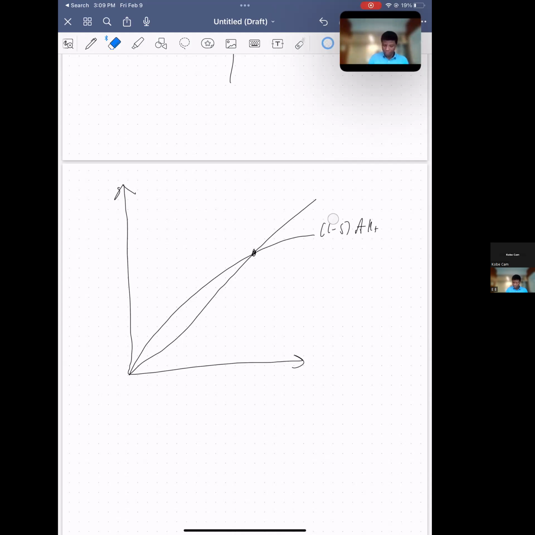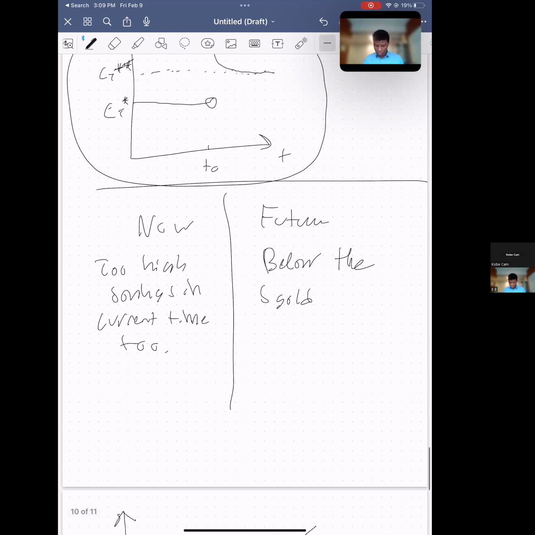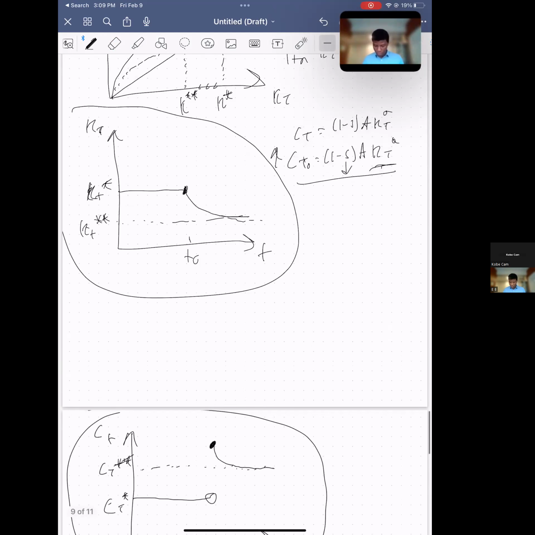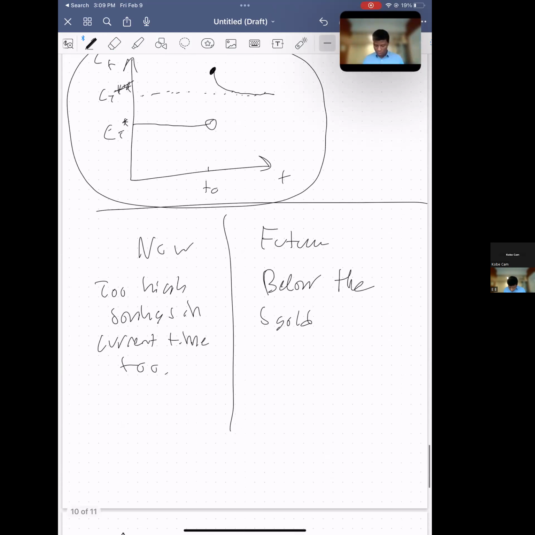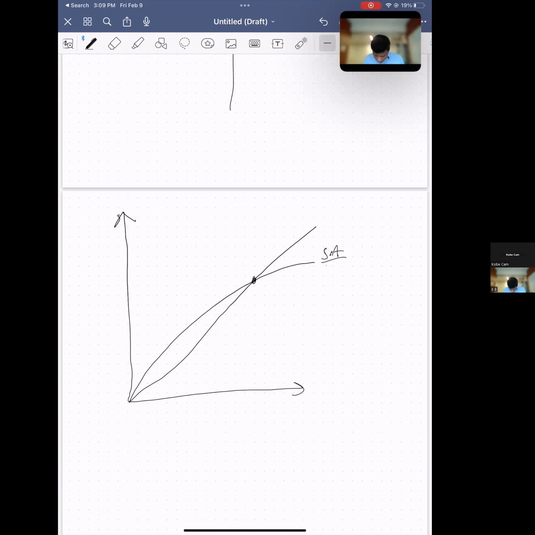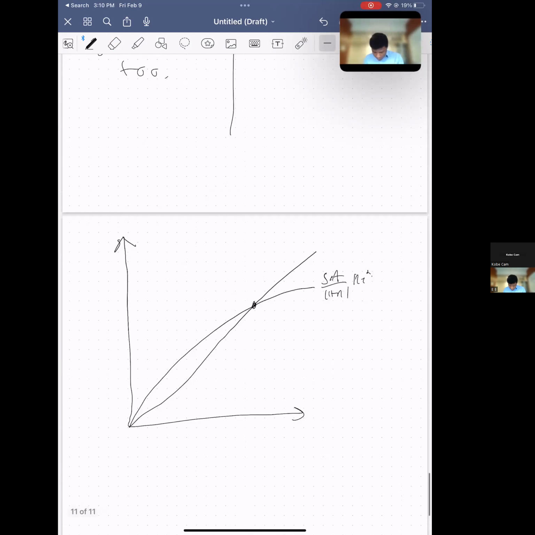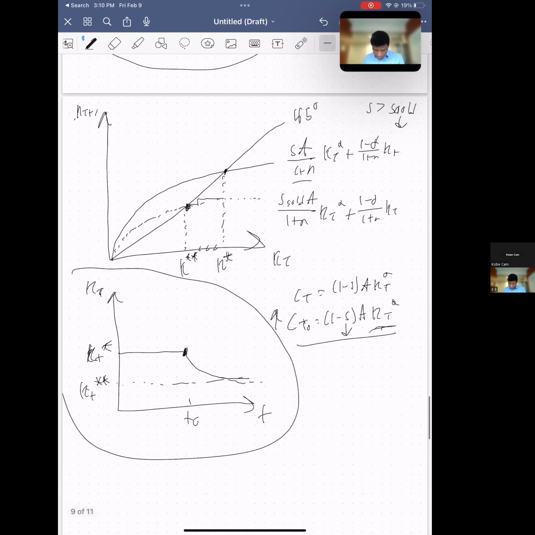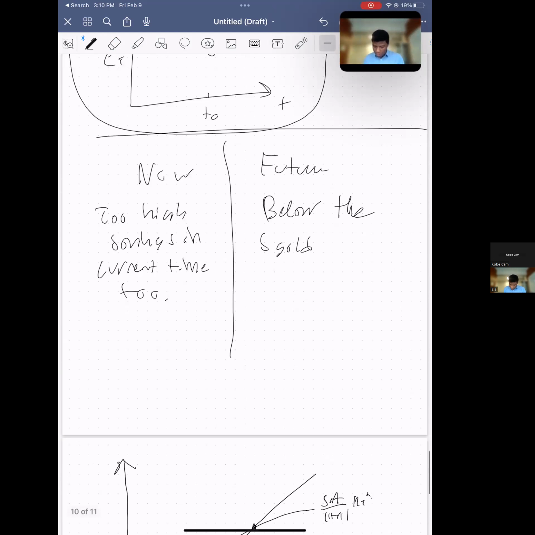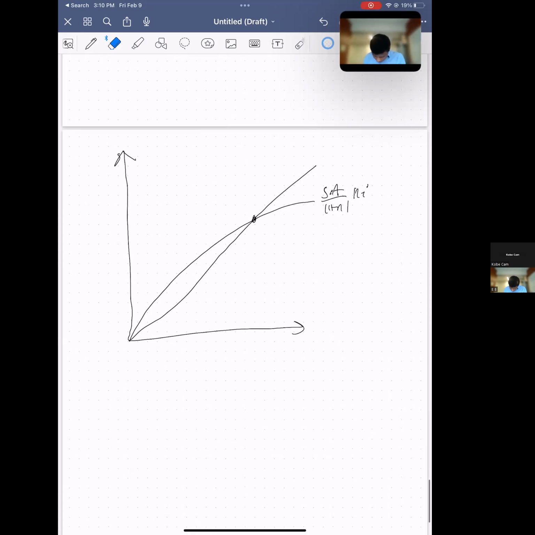So here's A plus N AT, plus 1 minus D plus N KT, and this is our 45-degree line.